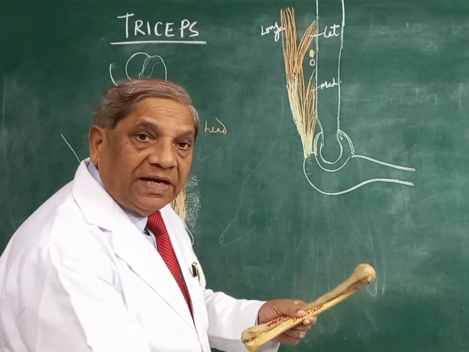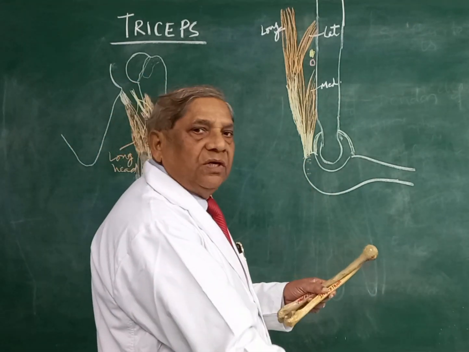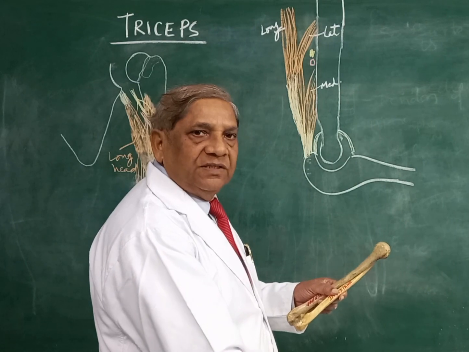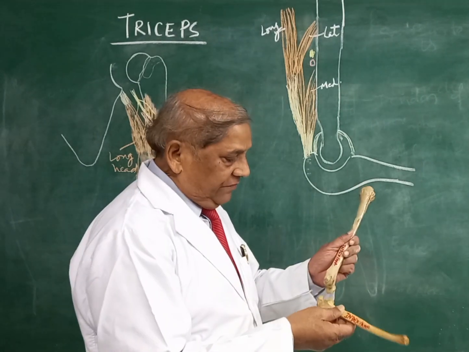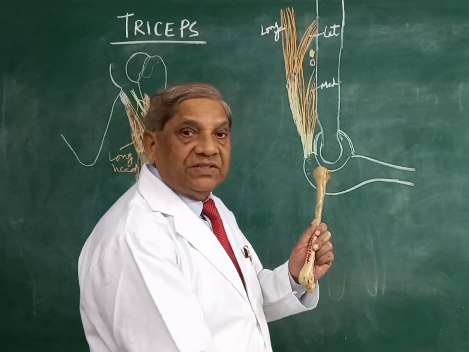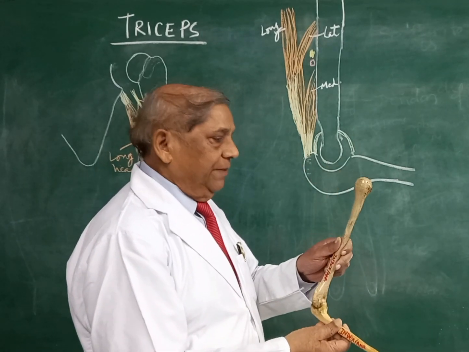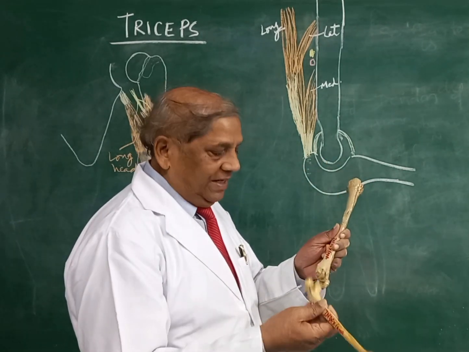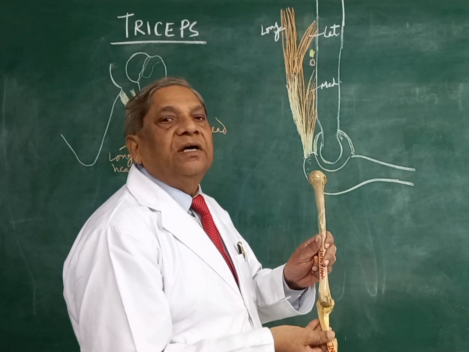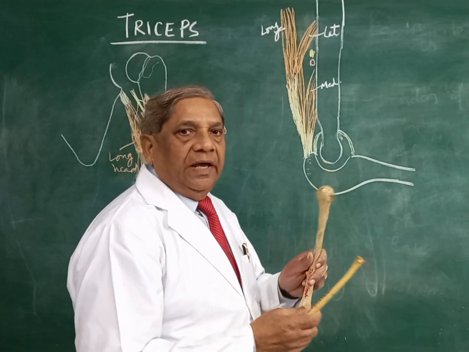But you should note that most of the extension which takes place is due to gravity. But when you produce a forceful extension against resistance, then these muscles become active. So this is the extensor of the elbow.